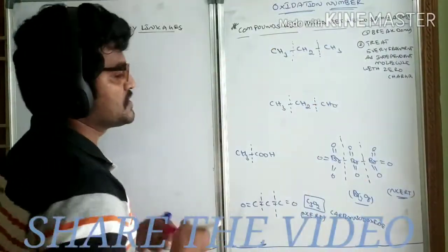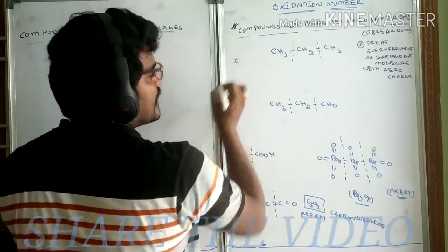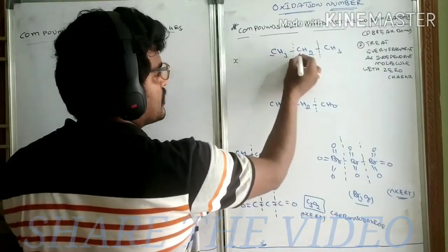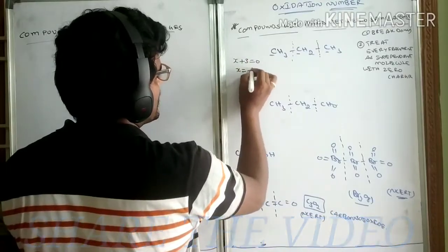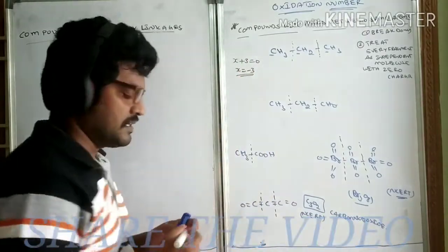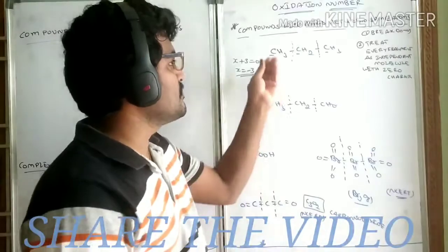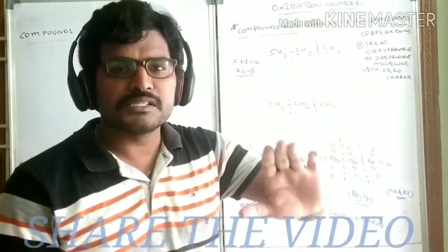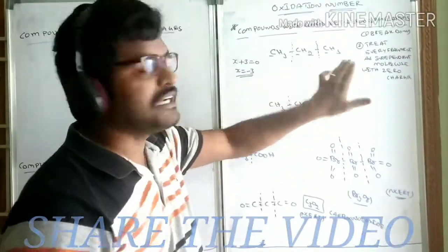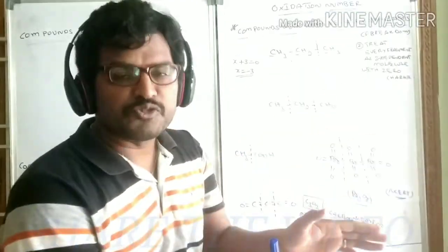So this is a fragment, X, carbon you have to identify, so it is X plus 3 equals 0 and X equals minus 3. Sir, you told us CH3 will be carrying the positive charge. Of course it carries, but now as a compound it does not carry any kind of special charge.